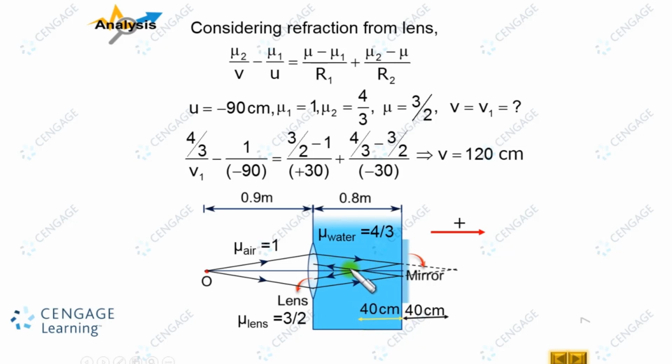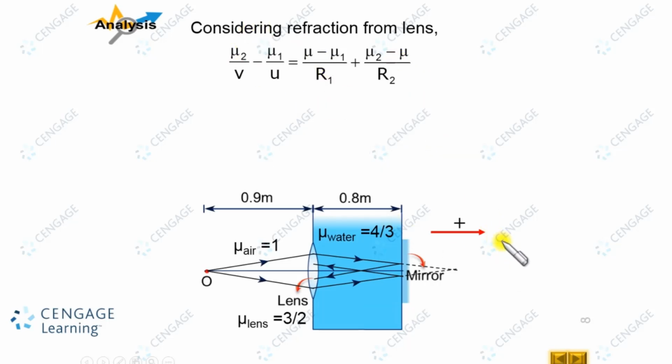Now you can observe rays are again interacting with the lens, and here is the same situation. One side has refractive index 4 by 3, the other side has refractive index 1. So let us apply the same formula again, right?